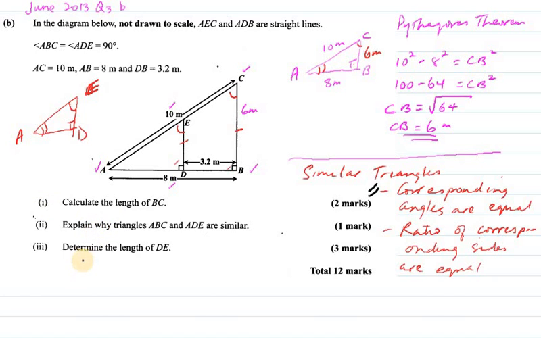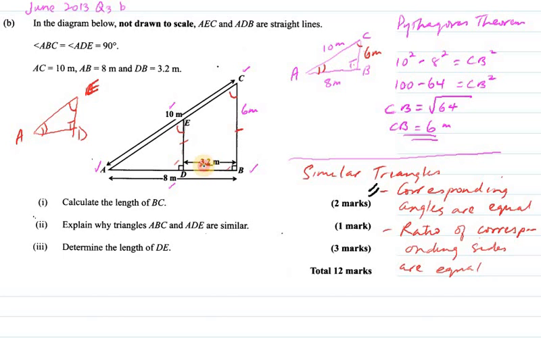The other part now, part 3: determine the length of DE. Now DE is this part here, and as I said before, for similar triangles the ratio of the corresponding lengths are equal.